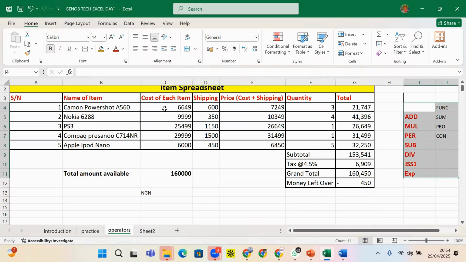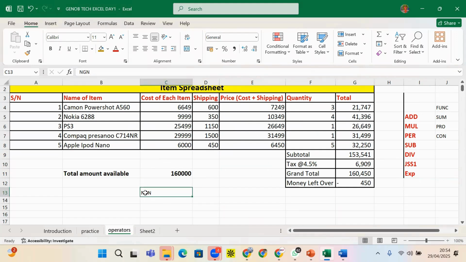But now I want to format this with currency. You don't type it. When you want to format something with currency, let's say this is 160,000, I'll come and type NGN. Remember, again, let me remind us, we said it last time, that numbers are aligned to the right. You can see them here. Numbers are always aligned to the right, but text is always aligned to the left.